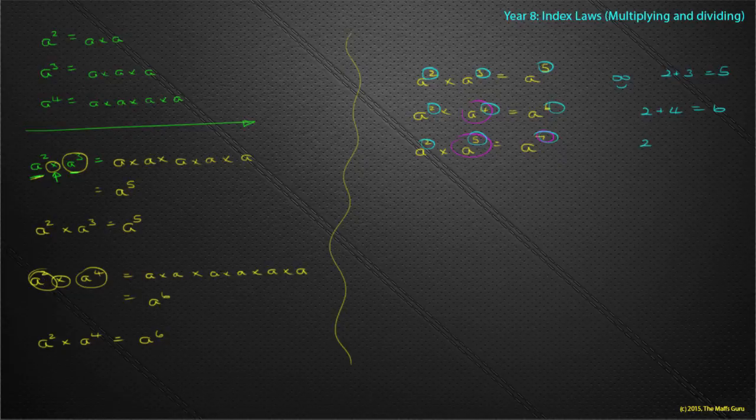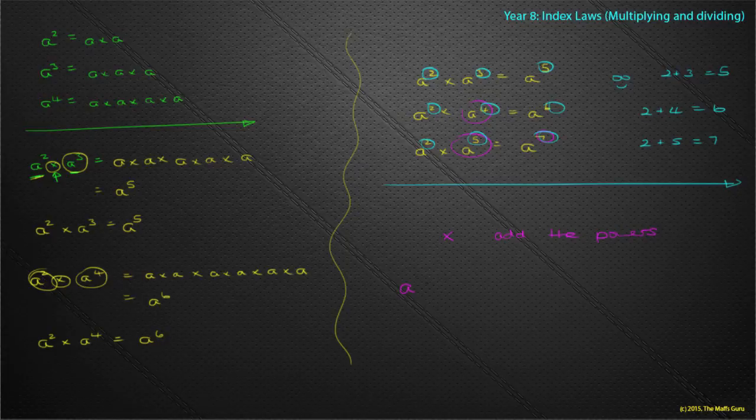And if I do 2 plus 5, I get 7. So, ladies and gentlemen, we've just discovered a rule of floaty numbers. And here is the rule. When I multiply two floaty numbers together, then I can add the powers.